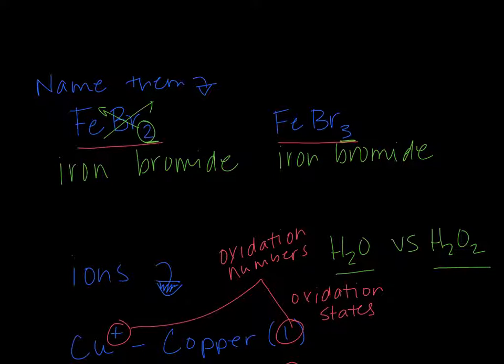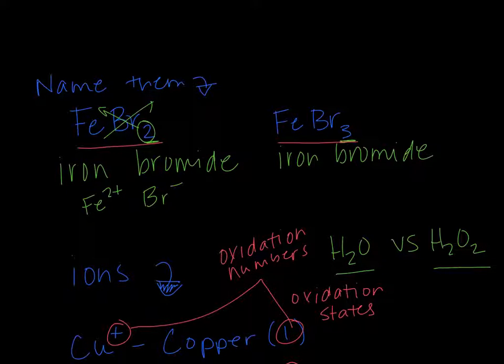Because they were crisscrossed down to make the formula, so we should be able to bring them back up to find the name. So if I rewrite this, I would write Fe2 plus, Br minus, right? So I need to check to make sure my anion is correct. And I know that seems weird, but you'll see why here in a minute.